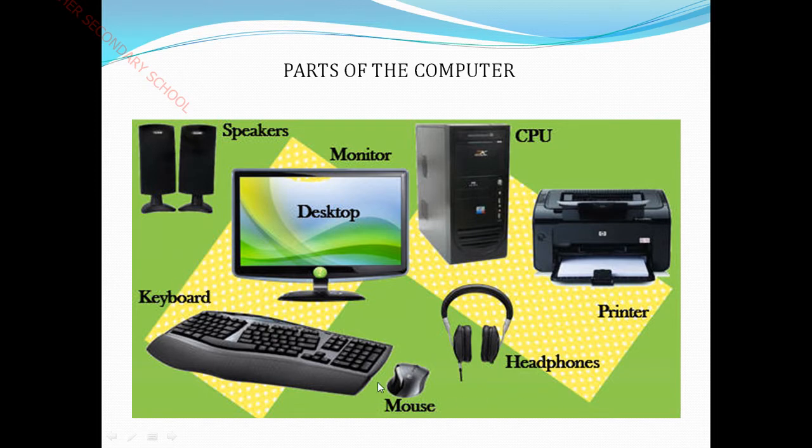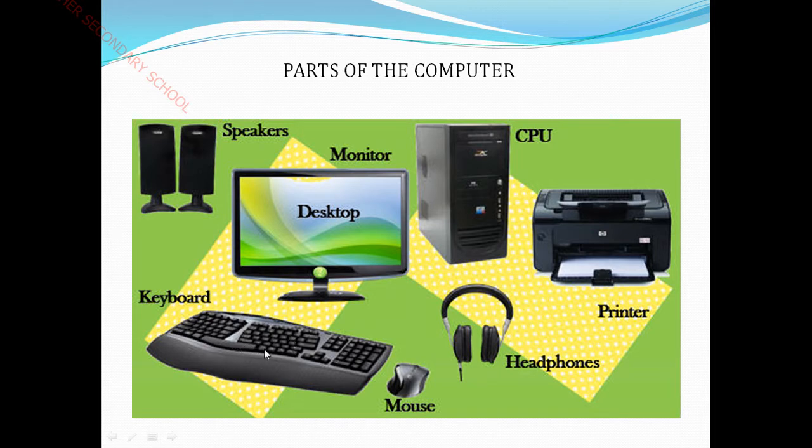So, keyboard and mouse belong to input devices. You might be seeing a keyboard that we have been using. So, what is the purpose of this keyboard? A computer receives input through the keyboard, isn't it? Totally, a standard keyboard has 104 keys.